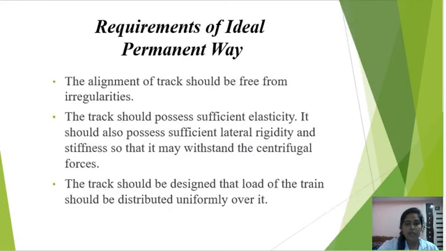The track should possess sufficient elasticity, rigidity and stiffness so that it may withstand the centrifugal forces. Centrifugal forces have the ability to overturn the vehicles. So to withstand those centrifugal forces, the track should possess lateral rigidity and stiffness.